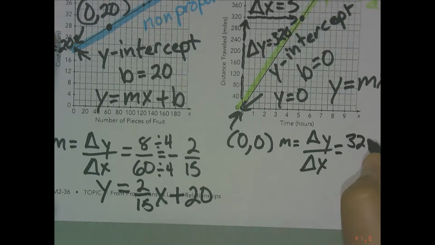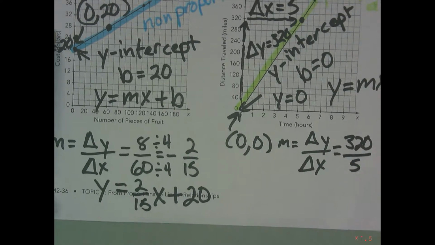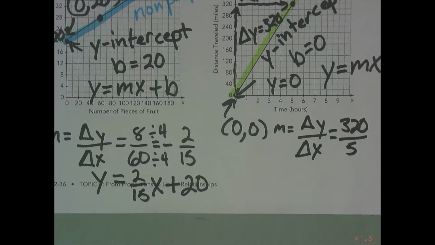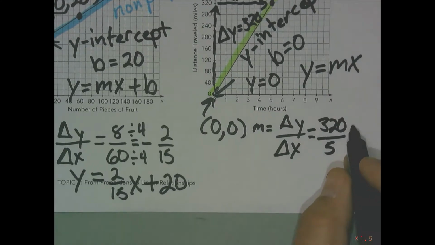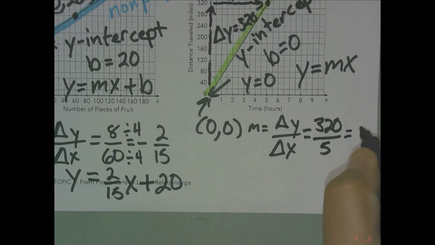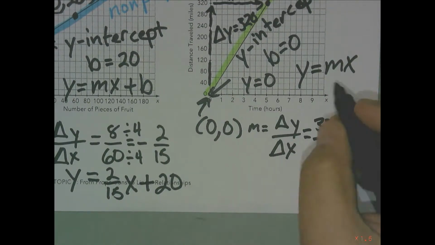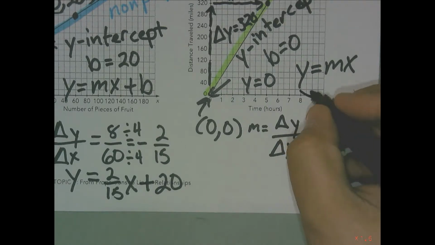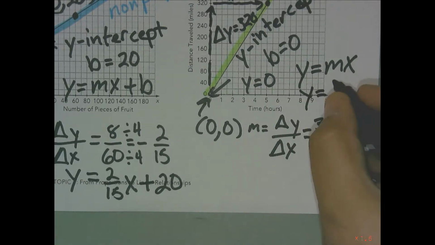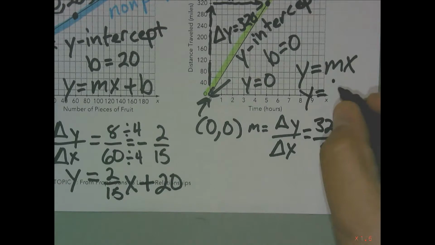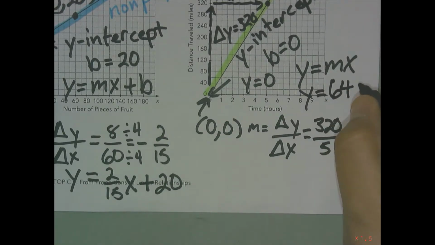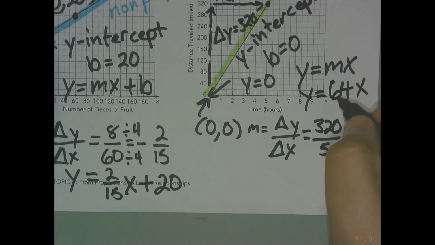So I've got 320 over 5. Now remember, a fraction is just a division problem. So 320 divided by 5 is actually 64. So if I have y equals mx, I have y equals 64x.